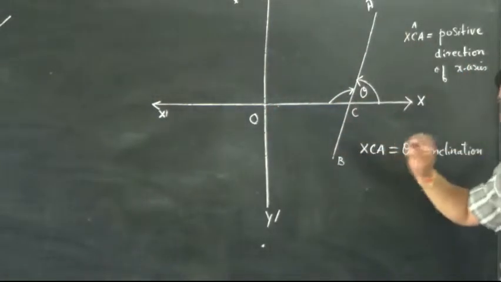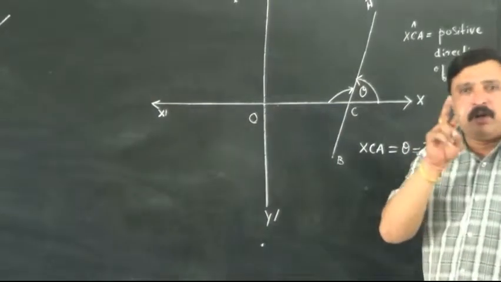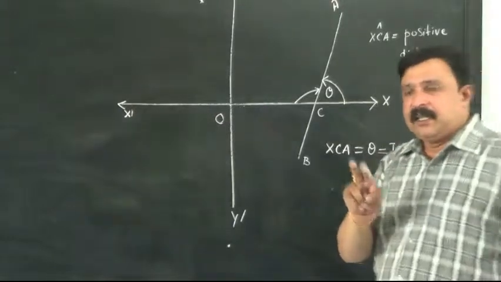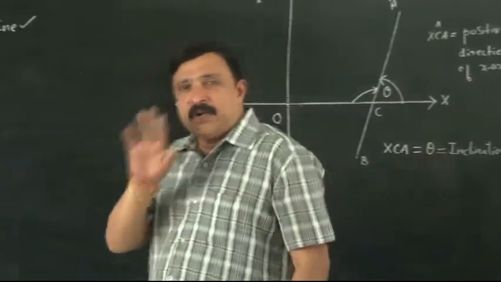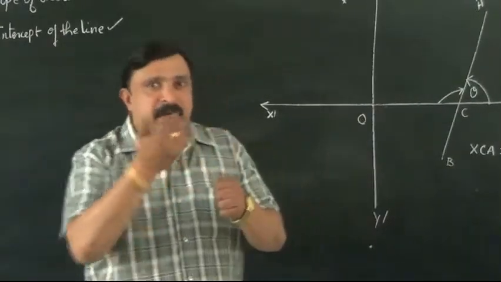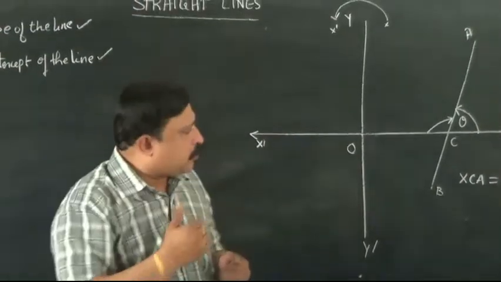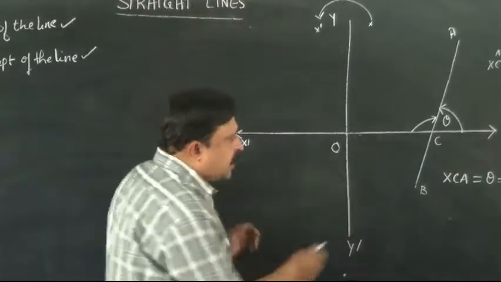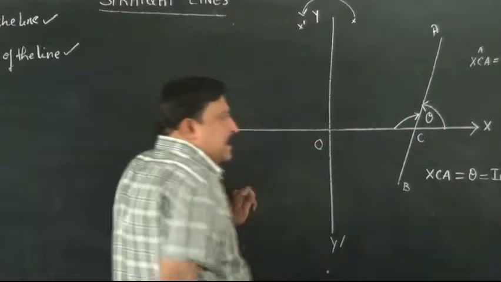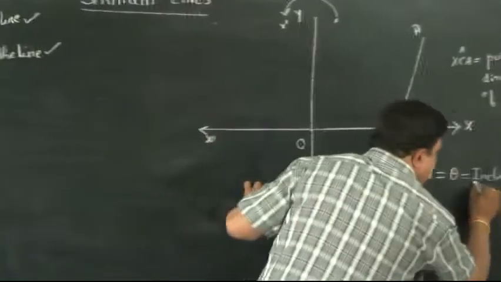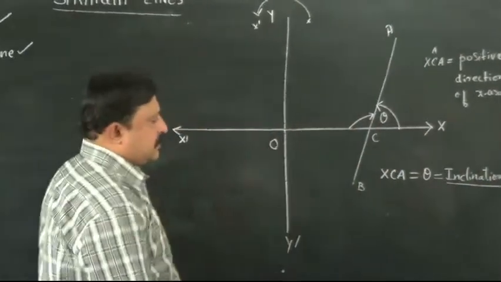If you draw any line in the coordinate system, you will always have two types of angles made by the line with the x-axis. For all practical purpose, you consider the angle made by the line with the x-axis in positive direction, that is in anti-clockwise direction. If theta is the angle, then angle theta is called as the inclination of the line.